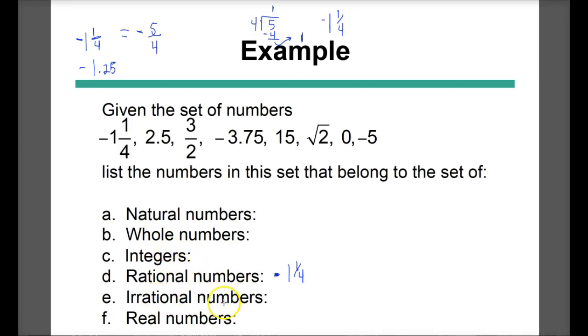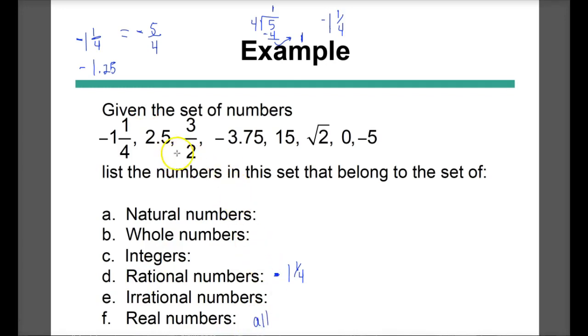Now, it wouldn't be irrational because, of course, negative 1 1/4 actually can be written as a fraction, okay? But it will be a part of the real numbers because all these numbers here are going to be a part of the real numbers, okay? As a matter of fact, I think I'll just delete that and just say all of them here to make that simple.